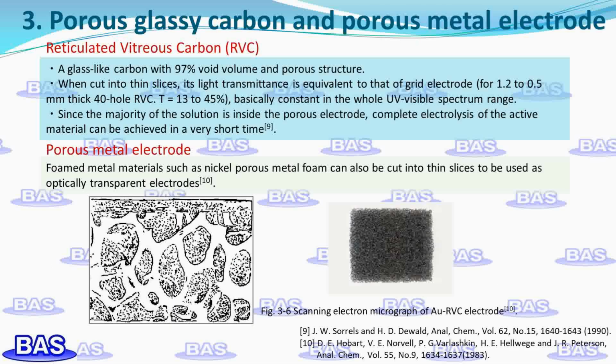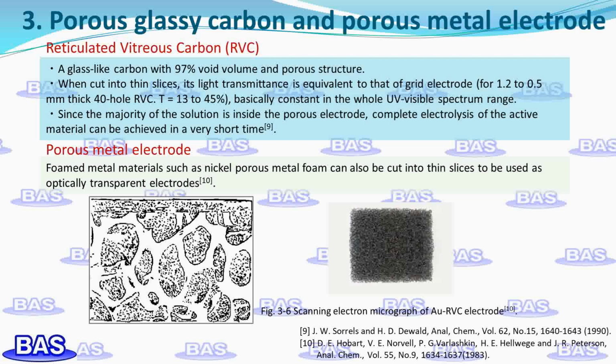Reticulated vitreous carbon, or RVC. Reticulated vitreous carbon is a glass-like carbon with 97% void volume and a porous structure, as shown in Figure 3.6. It can have different porosity, and when cut into thin slices, its light transmission is comparable to that of mesh grid electrodes.